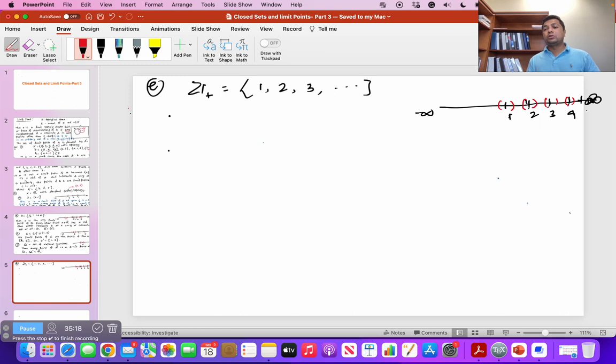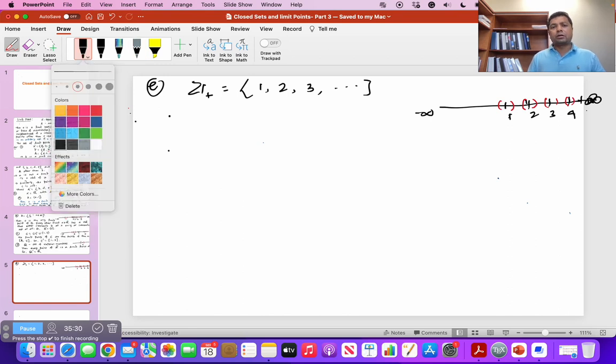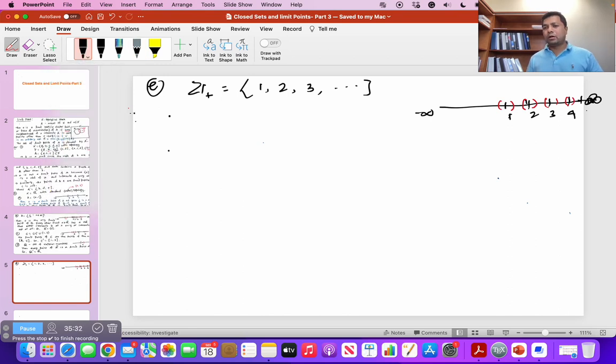That means none of those points are going to be limit points. So in fact, for Z plus, the set of positive integers, there is no limit point.